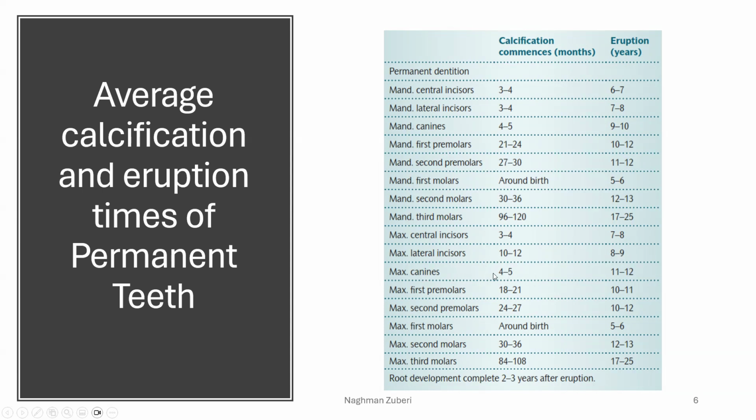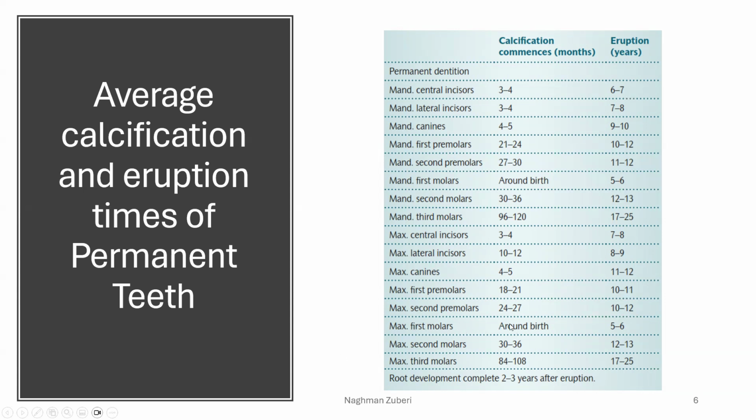Maxillary canines 4 to 5 months for the calcification, and eruption time is 11 to 12 years. Maxillary first premolars 18 to 21 months for the calcification and 10 to 11 years for the eruption. Maxillary second premolars 24 to 27 months for the calcification and 10 to 12 years for the eruption.